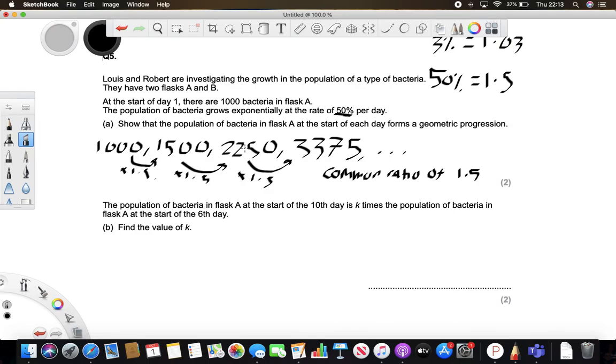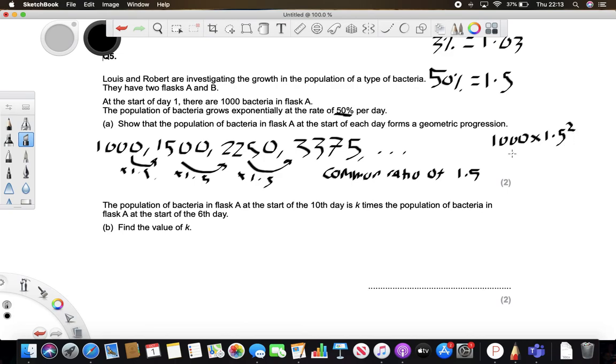So if we wanted the third term, we could say, well, we've got 1,000. We can multiply that by 1.5. If we want the third term, we'll just square 1.5. So we get 1,000 times 1.5 squared.